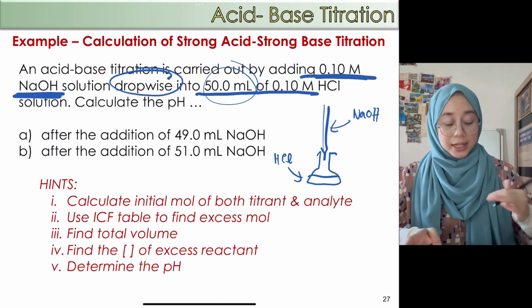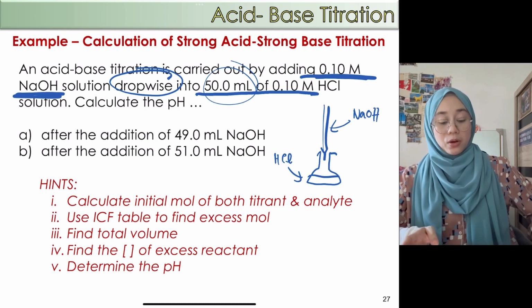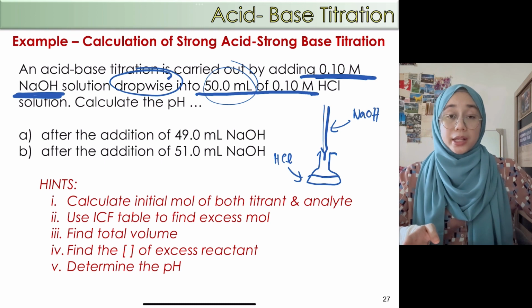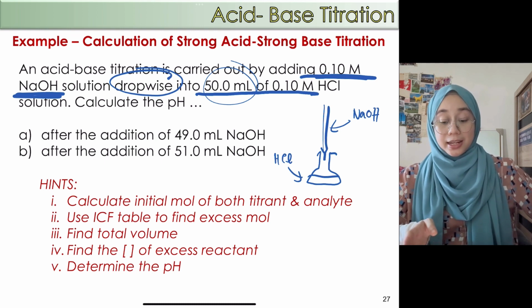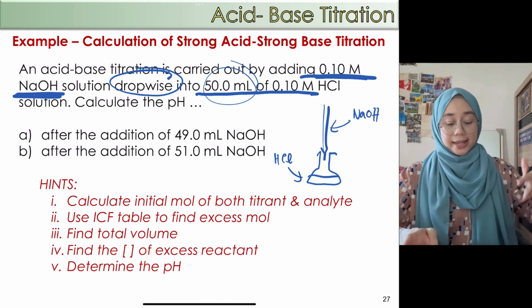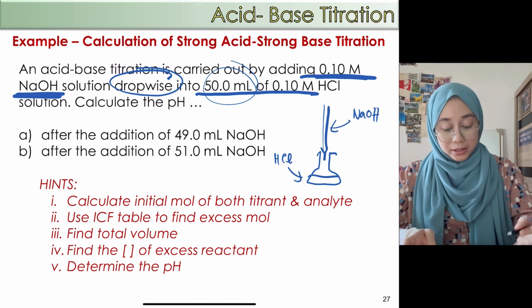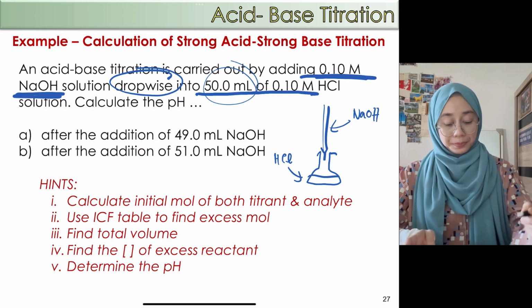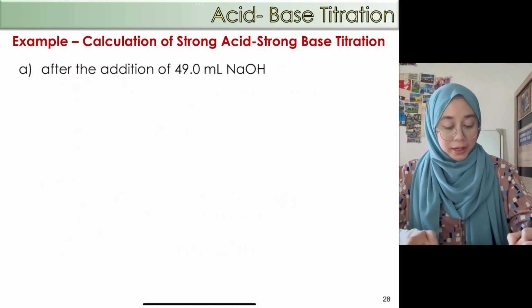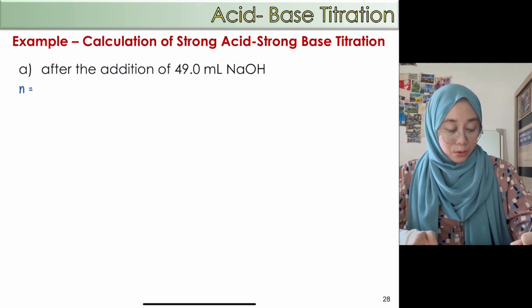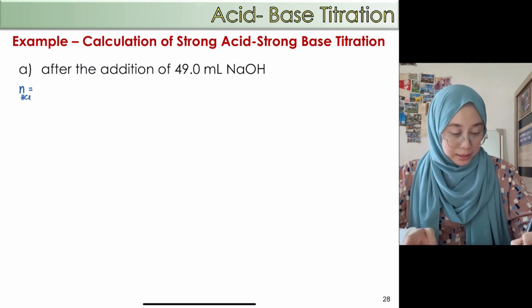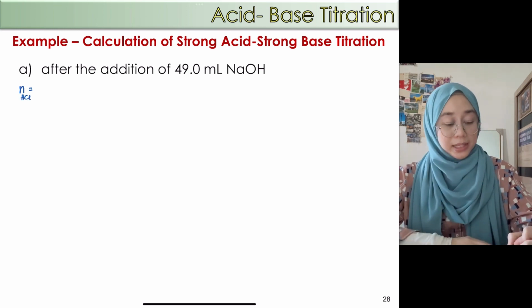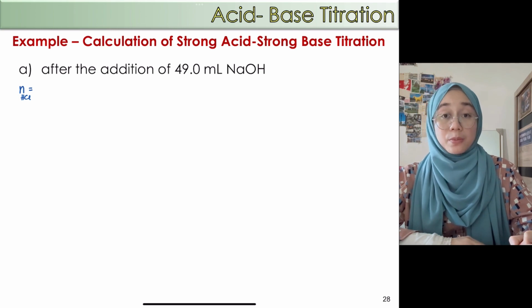So first kita nak kena calculate the initial mole of both titrant dengan analyte. Titrant dengan analyte yang kita ada dekat sini adalah NaOH dengan HCl. Right, so first kita kira dahulu mole untuk HCl, sebab mole HCl kita dah fix, sebab kita ada 50 ml dengan 0.1.